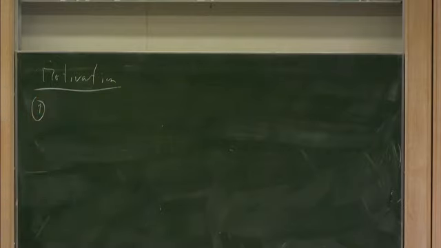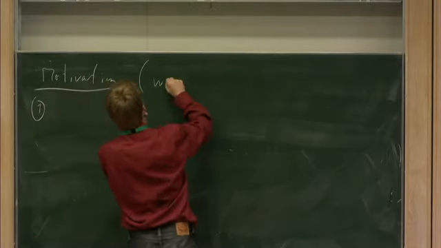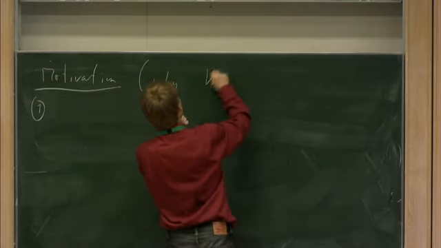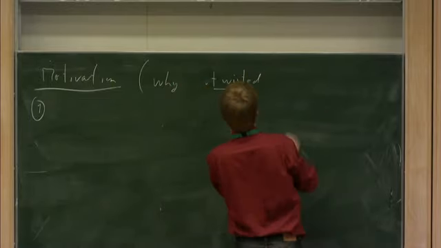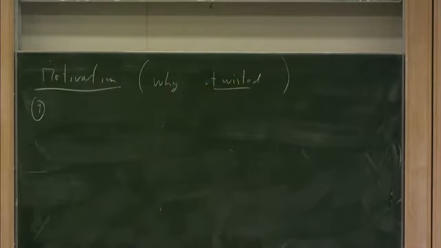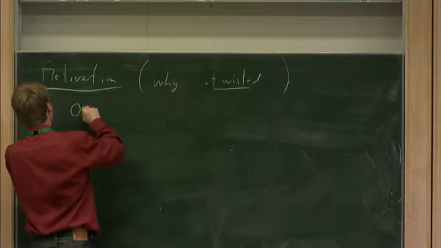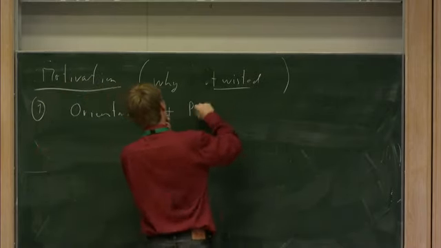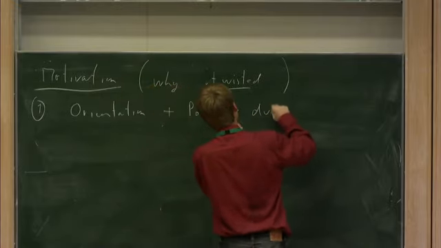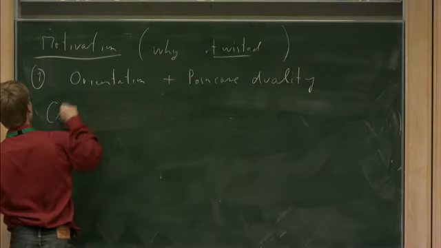Actually, the motivation is rather for why twisted K in the first place, and then maybe along the way also for geometric models. Okay, motivation 1 is orientation and Poincare duality. And there's a very classical thing I want to start with.